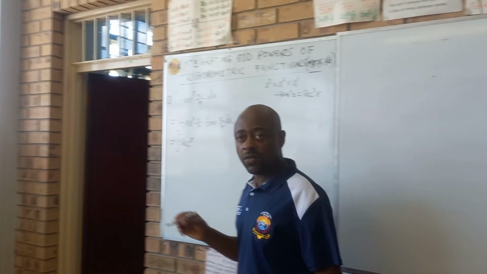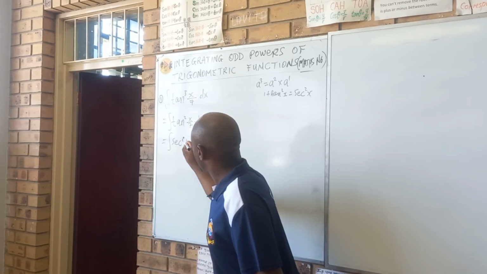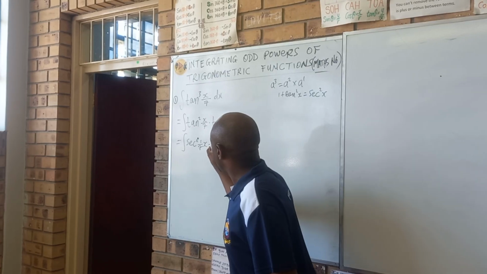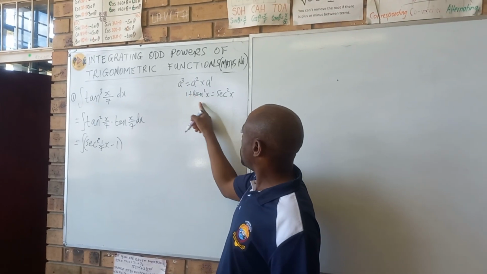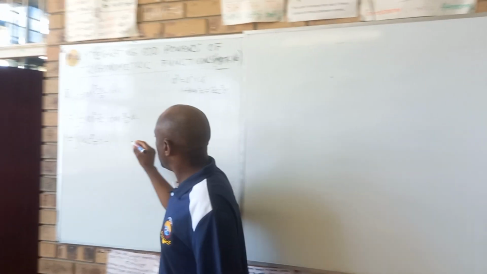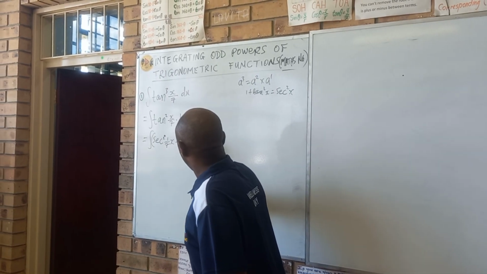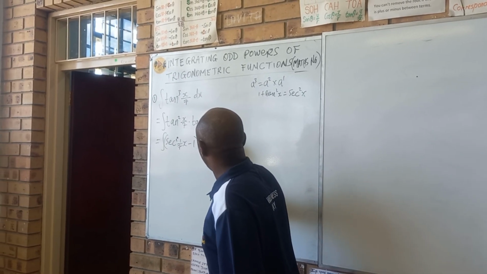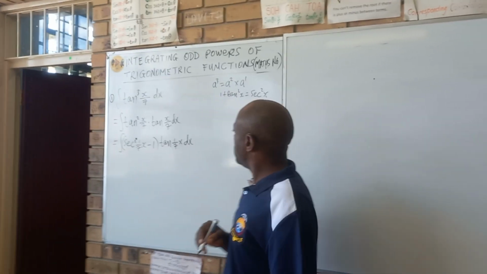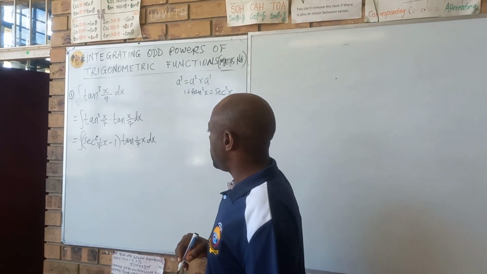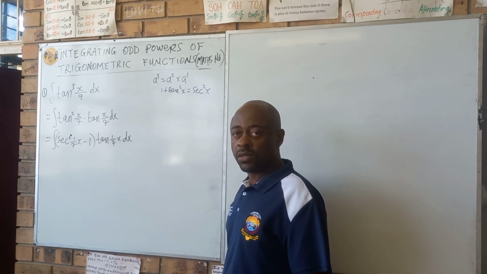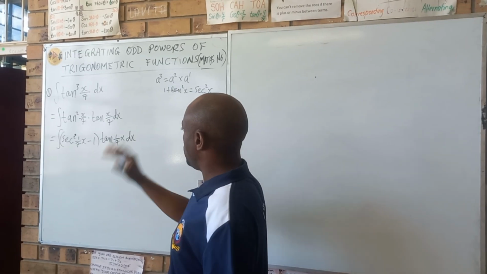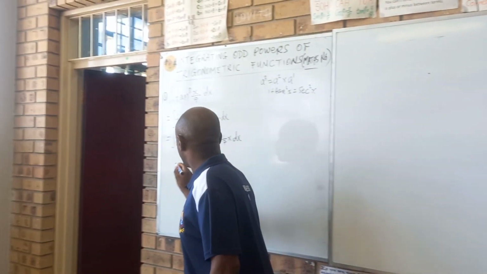Then this x over 7, I would prefer to write it as 1 over 7x minus 1. So I'm making use of this formula to make tan squared the subject. Then I multiply by tan 1 over 7x dx. From there, the next target will be to open the bracket so that I can get 2 integrals, then I'll move on with my integration.